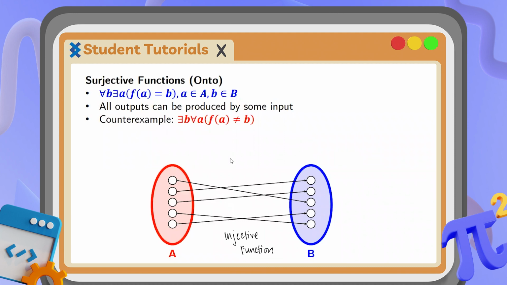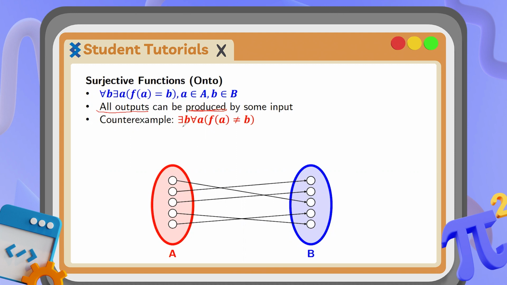So now let's proceed to another property of functions, which are surjective functions, where it states that for all B, there exists an element A in the domain where f of A is equal to B. Or in short, all outputs can be produced by some input, which means no element in the codomain should be left behind when applying the function.